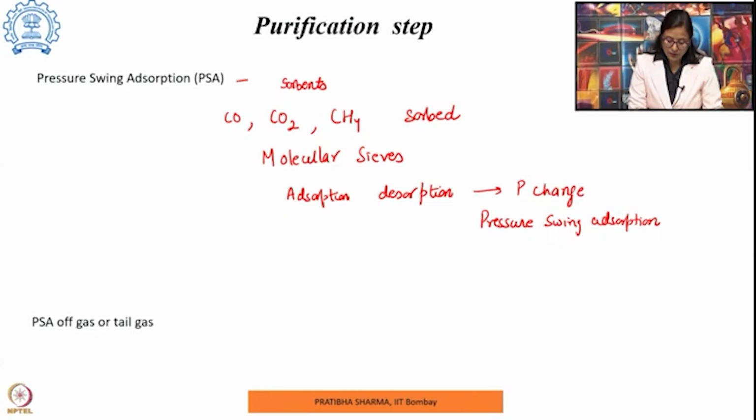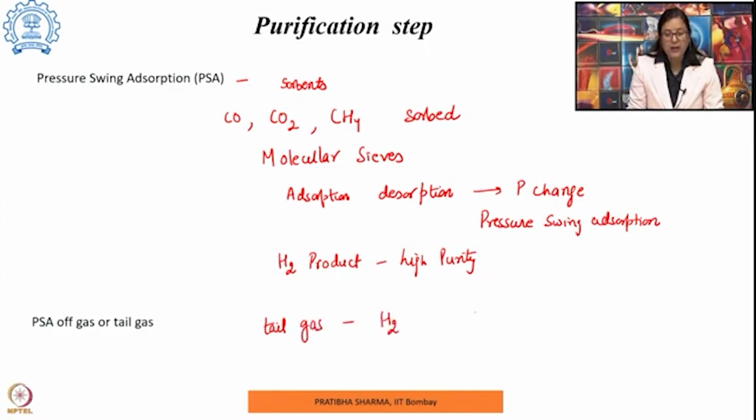After hydrogen product is being obtained, which is of high purity, the remaining off gas or tail gas, that itself has certain amount of hydrogen and it has a calorific value.